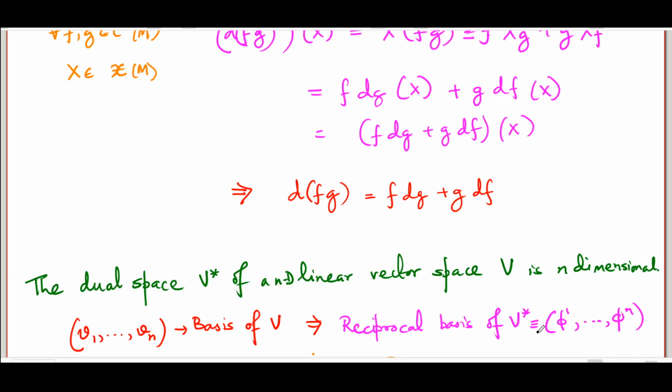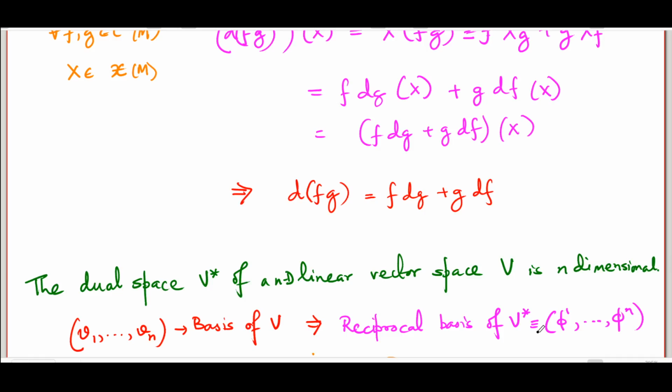reciprocal basis. Those of you who have studied a bit of condensed matter physics would definitely realize that the reciprocal basis vectors, when we talk about lattices, essentially are the same thing as these reciprocal basis vectors.